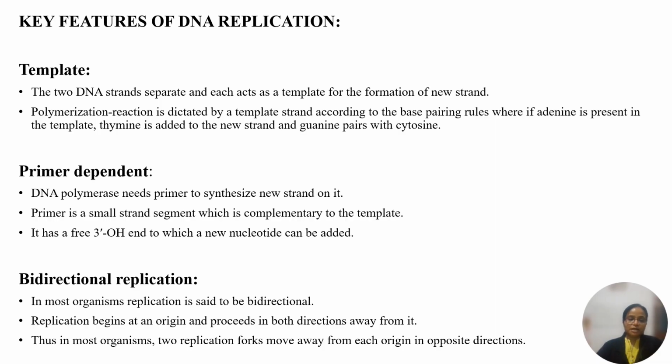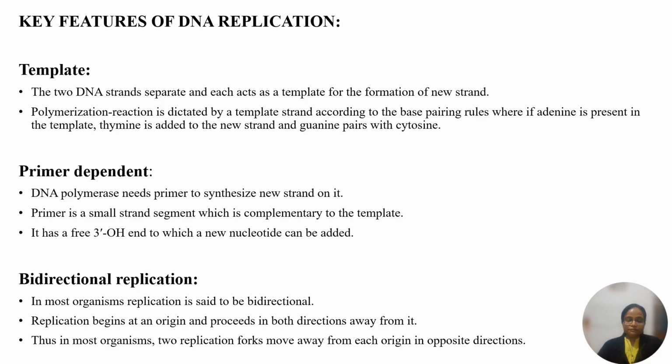Now, what is meant by this is that when the enzyme DNA polymerase is adding the nucleotides into a new nucleic acid strand, the information regarding the sequence of nitrogenous bases present in the new DNA is derived from the sequence of bases which is already present in the old DNA strand. And why is it so? Because the two strands, the old strand and the new strand, are complementary in nature.